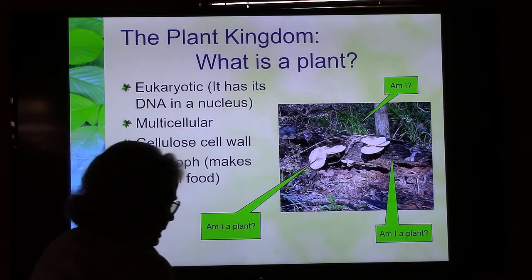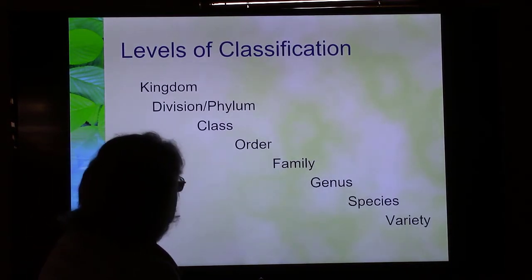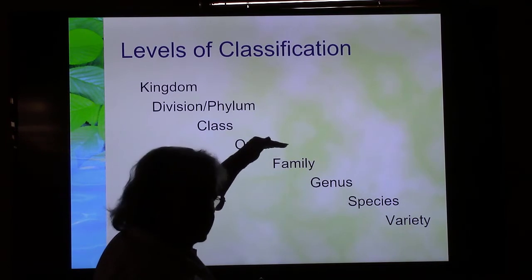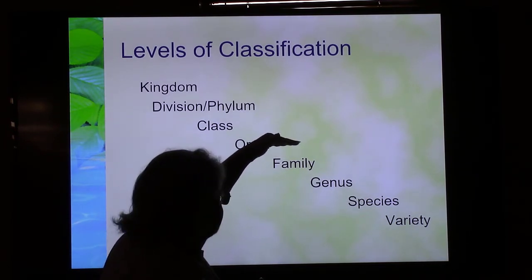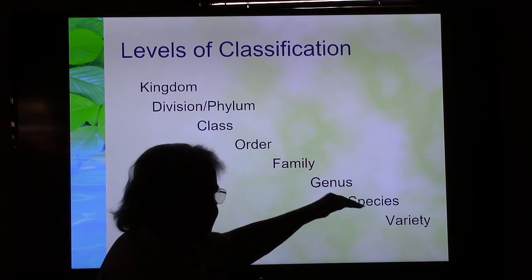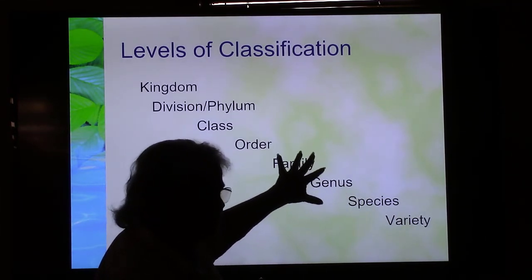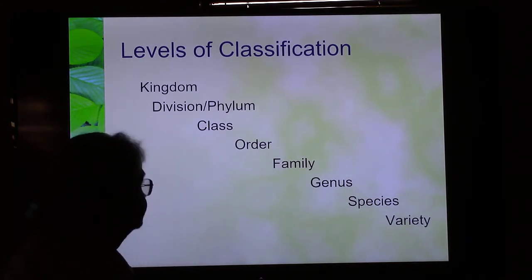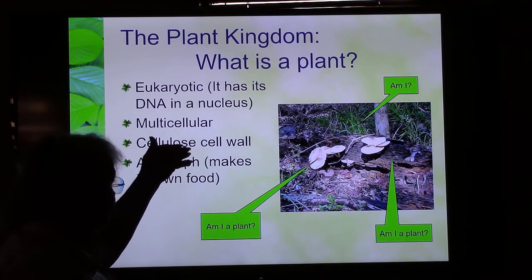When we get interested in the levels of classification, our interest usually starts right about there. Family, genus, species, and variety is where, as gardeners, we tend to focus our interest. But just for the fun of it, let's go ahead and start at the top with the plant kingdom.